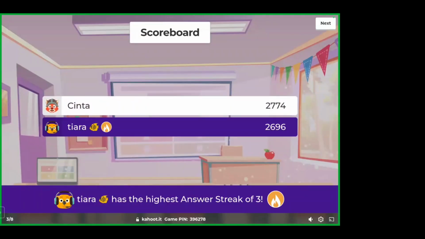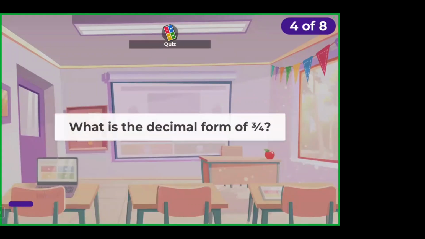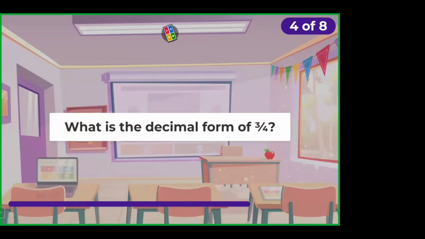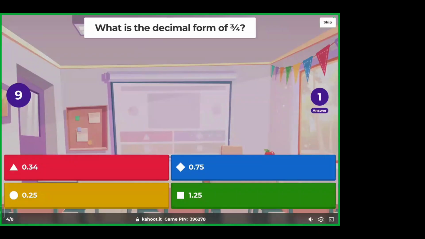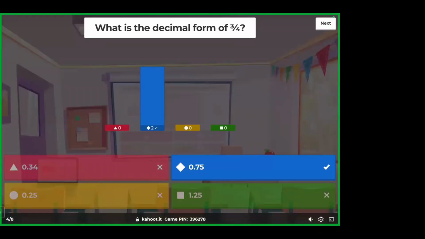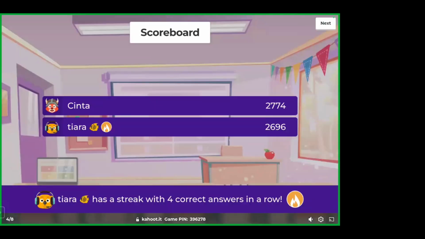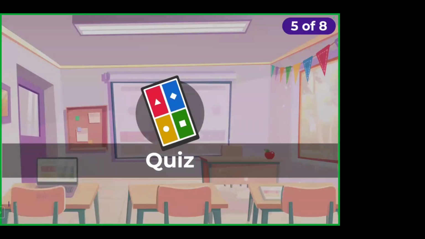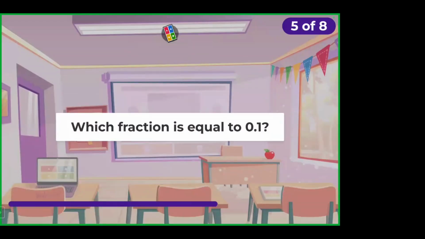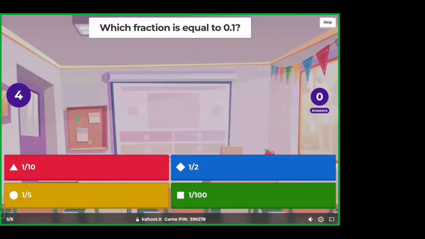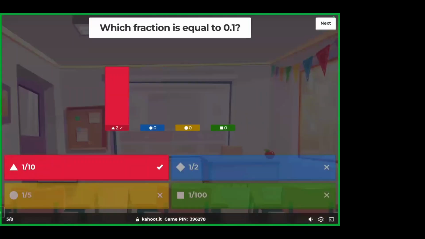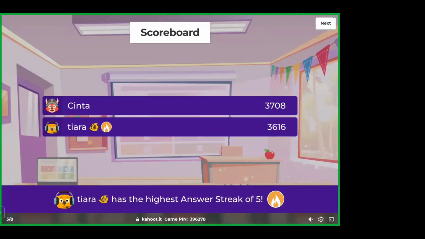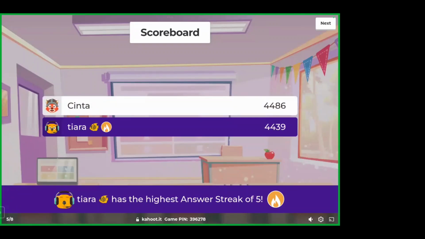Oh, Cinta is still on top. Next. What is the decimal form of 3 per 4? Oh my god. All of you answered it correctly. Amazing. Next question. Oh, all of you still answered it correctly. Amazing.